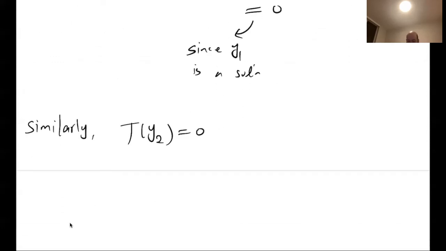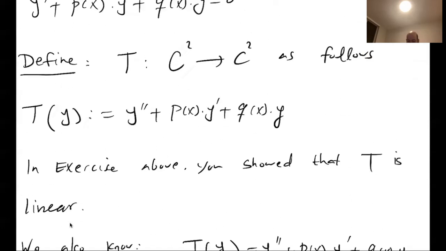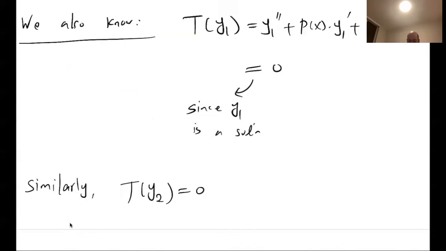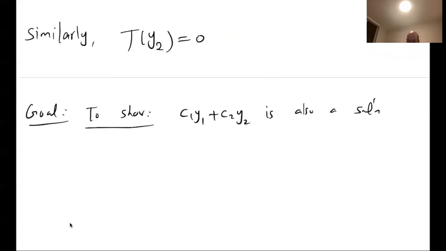So what will be T of C1 y1? Now I want to show that C1 y1 plus C2 y2 is also a solution. The goal is to show that C1 y1 plus C2 y2 is also a solution. Now how much is T of C1 y1 plus C2 y2?